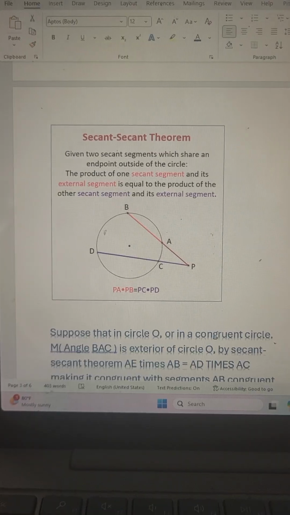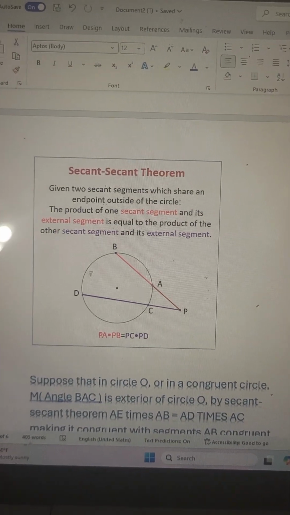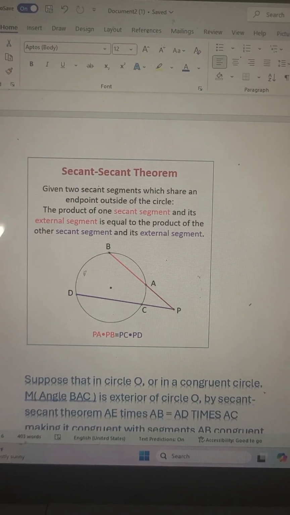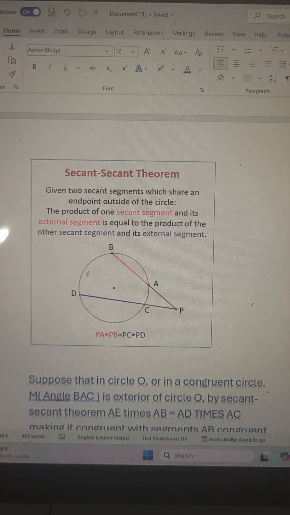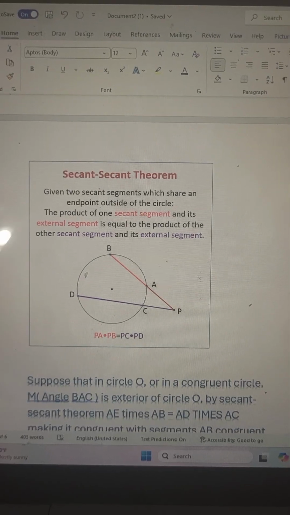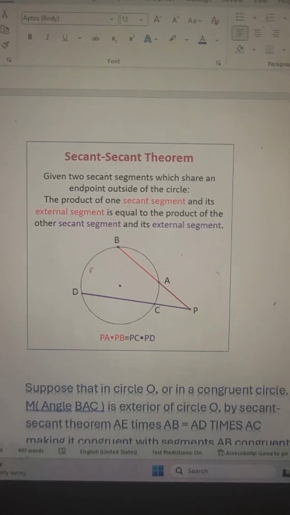I also put this picture here. This is another theorem, the secant theorem, which states that given two secant segments which share an endpoint outside of the circle, the product of one secant segment and its external segment is equal to the product of the other secant segment and its external segment. So there's another picture here.